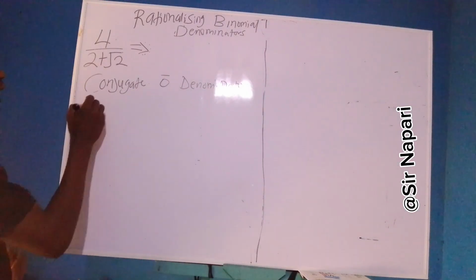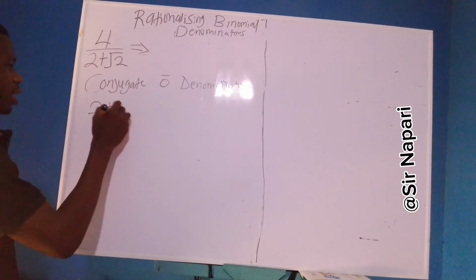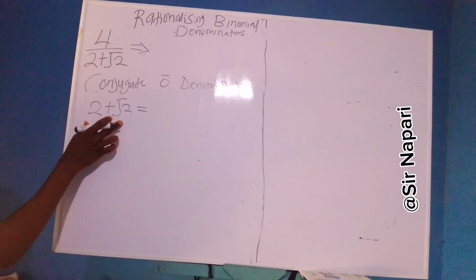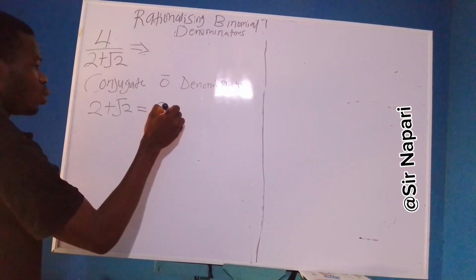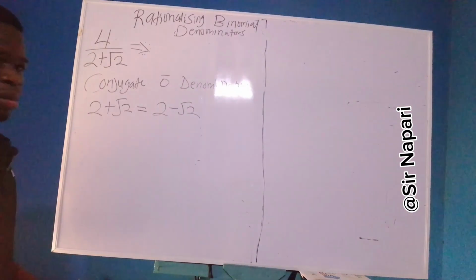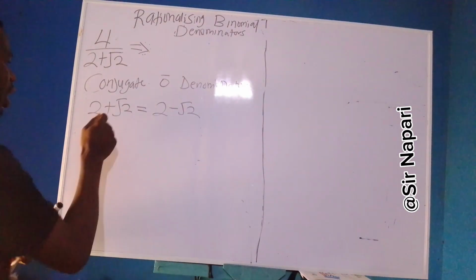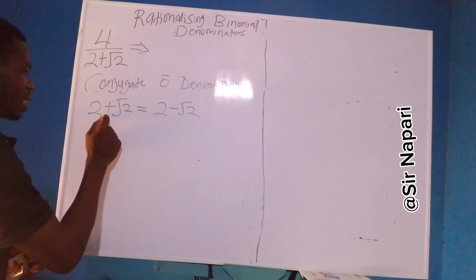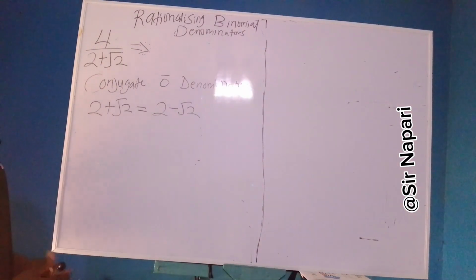And so when we have 2 plus root of 2, the conjugate of this particular expression will be 2 minus root 2. Remember, the only thing you need to do is to change the sign. So if the sign is positive, you change it to negative. If the sign is negative, you change it to positive.